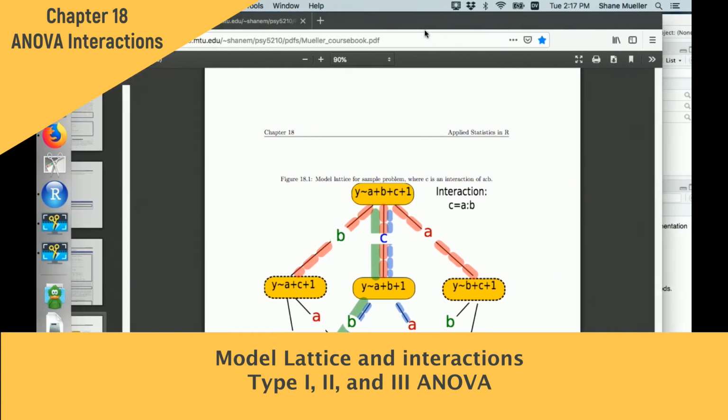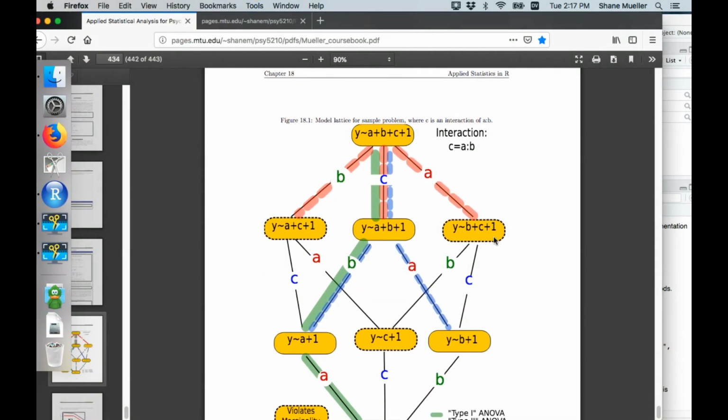So again, we have this model lattice that has all possible submodels, but instead of calling the interaction A colon B, really it's a third independent variable that's independent of A and B, but has a special relation to A and B. So let's just create that and call it C. We'll have a separate variable we call C, which happens to be the interaction, and then we can think of this as just a factorial ANOVA without interactions.